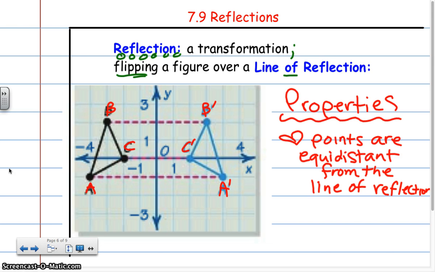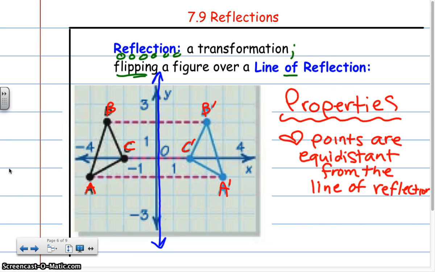Where did I flip it? I want you to think, pair, share with your table partners. Where do you think they flipped it? Where are they symmetric to? You should notice that the line of reflection is actually this y-axis.